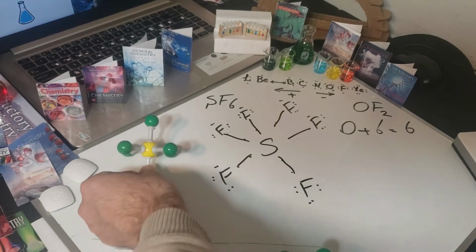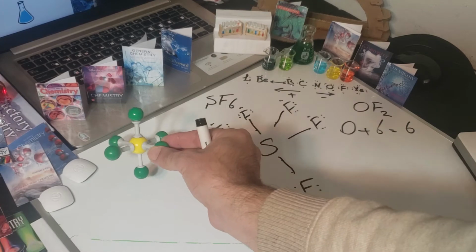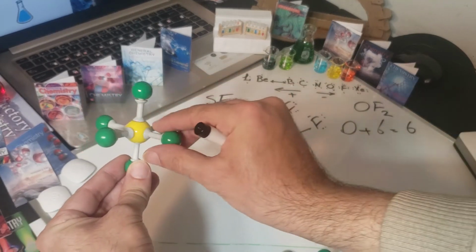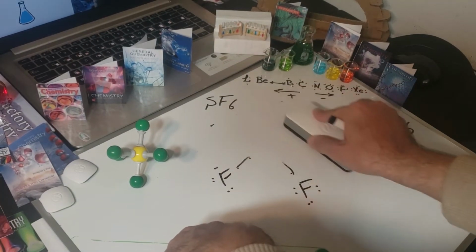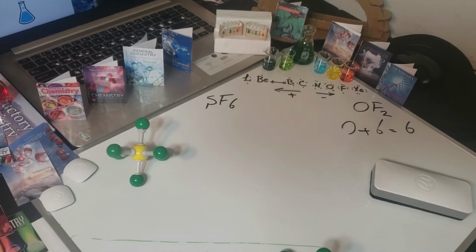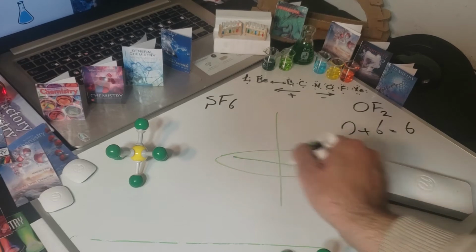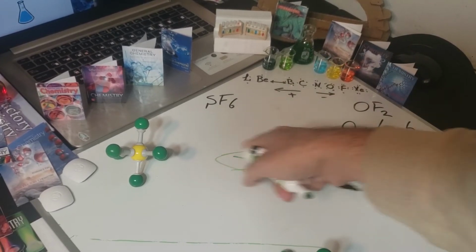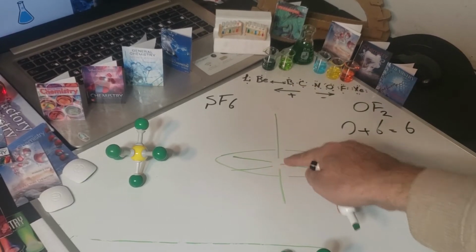Now remember, when we draw that octahedral geometry, we first do the in-plane position, the equatorial, and then we do the actual top and actual bottom. Okay, let's just do that. The in-plane position, and then the actual top and actual bottom.